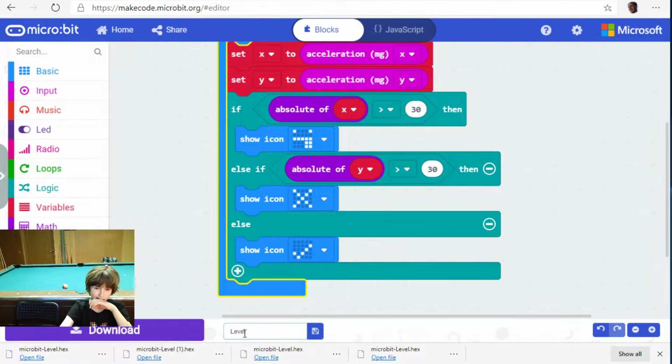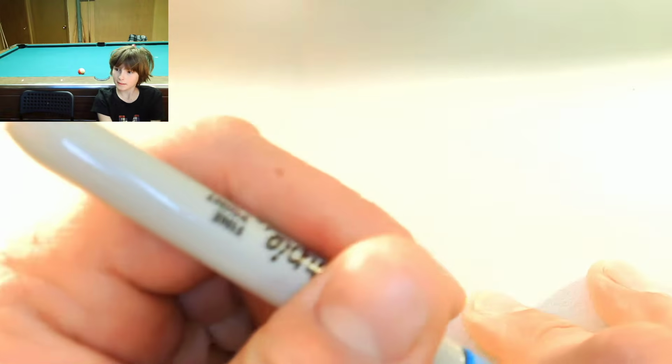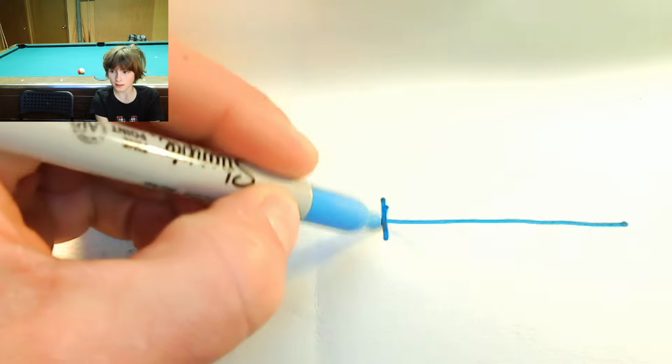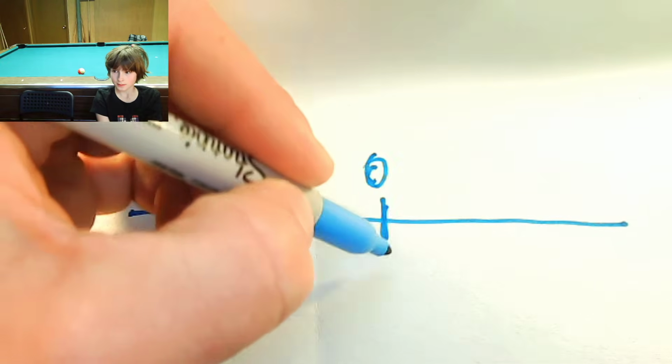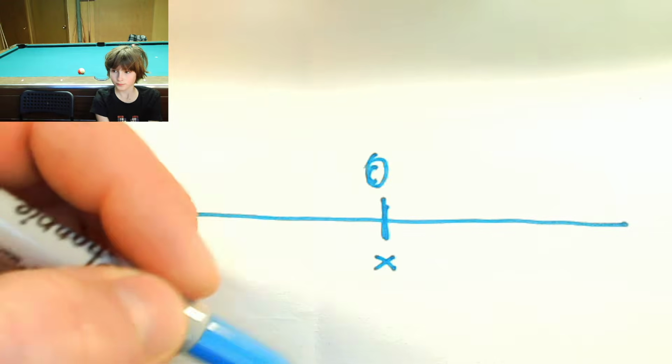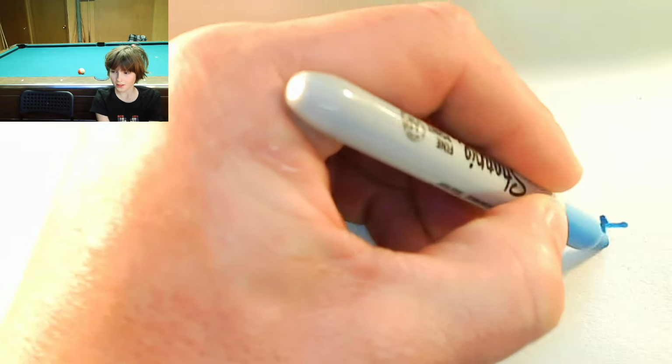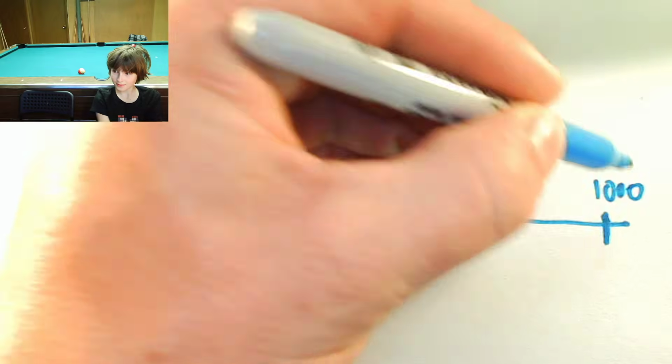Let me show you the... Can you go to the camera? I'm going to show you the number scale. So you've got your number scale here. Let's see if I'm on the image. A number line? Yeah, your gravity. That's x. And then you've got 1,000 here.